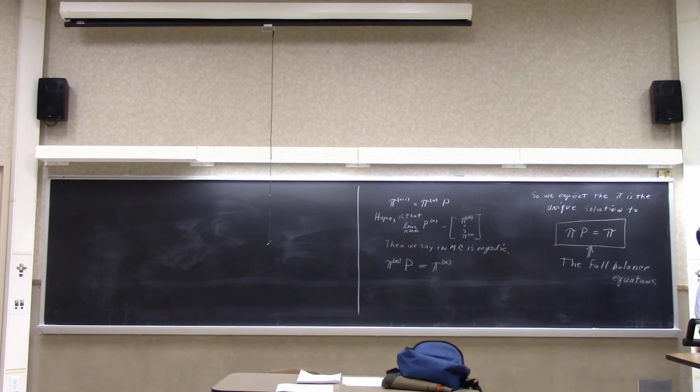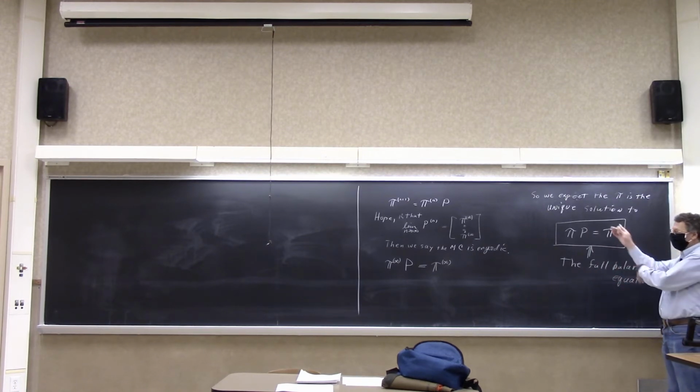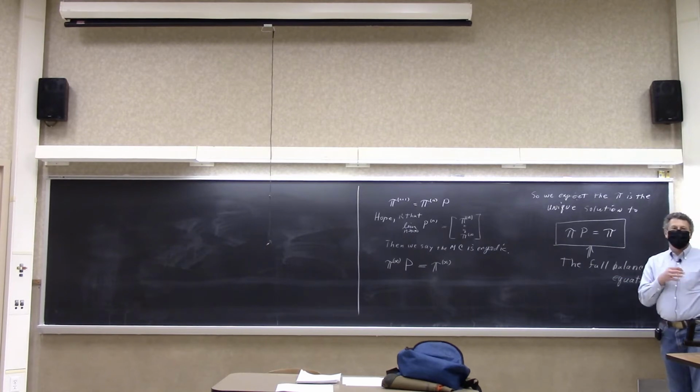Why are they called the full balance equations? Well, I don't know, maybe because there's a perfect balance between the distributions. If you drew all the states on one side and on the other, and then you have this transformation, the output is the same as the input, so it works. So these are the full balance equations.